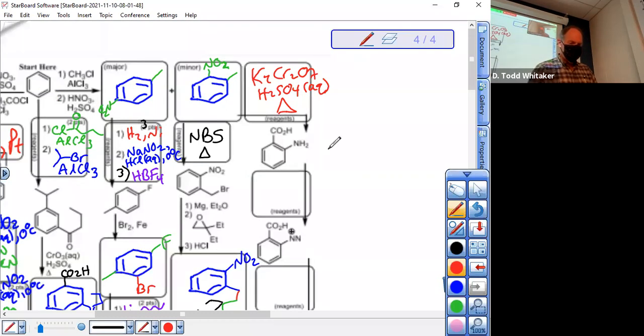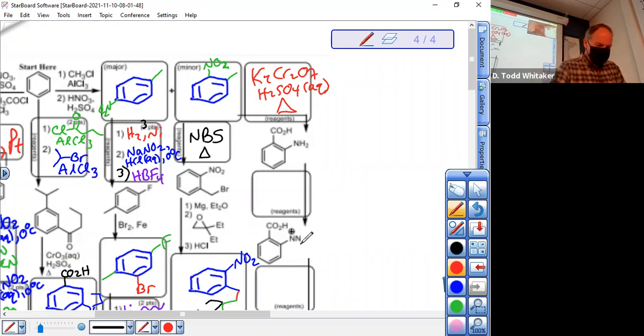And you made this molecule here. You can call it para-amino benzoic acid or ortho-amino benzoic acid, OABA, as opposed to its brother in biochemistry, PABA, para-amino benzoic acid.